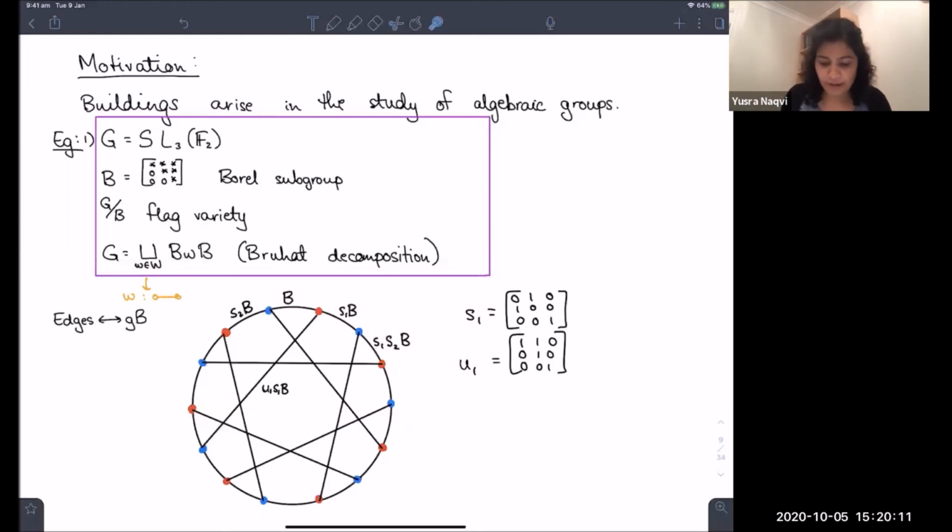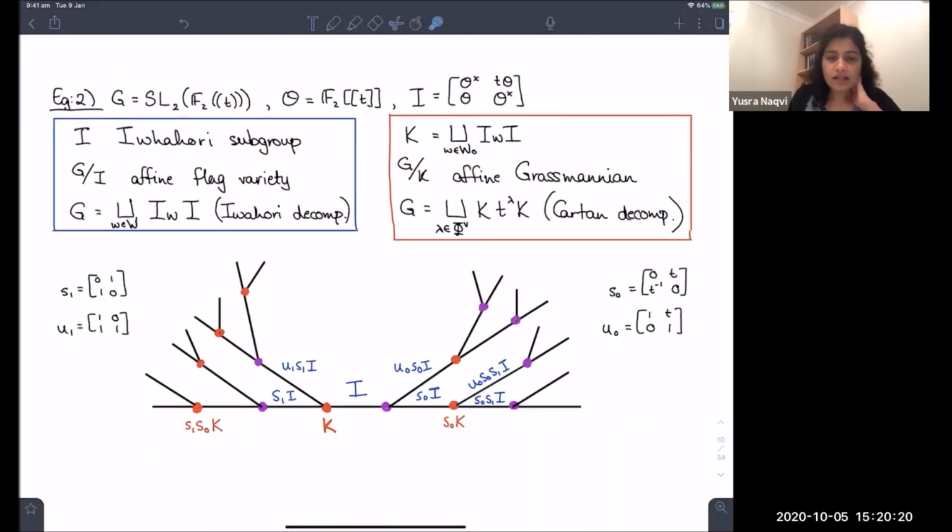Okay, so these come up over here, and something like this would give me a finite building. I also have infinite buildings when I'm looking at the theory of affine flag varieties, which again, I'm not going to formally define, but I am going to explain in the guise of these examples. And if you're familiar with affine flag varieties, then this kind of construction can be repeated all through with buildings.